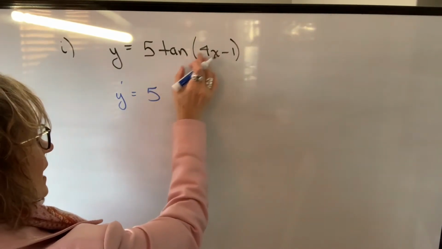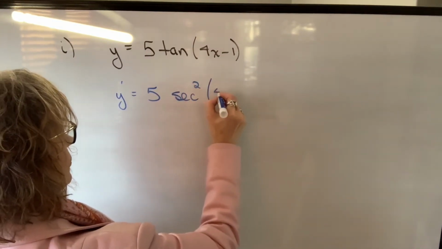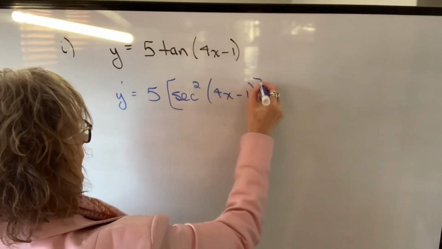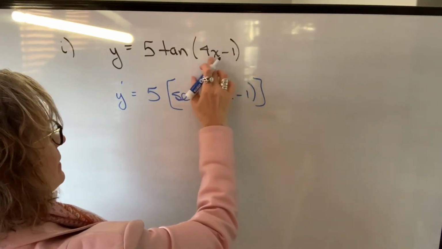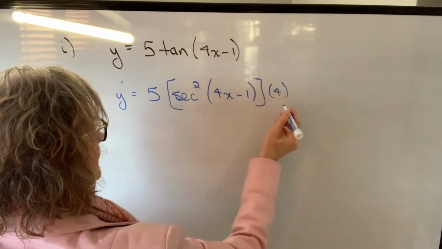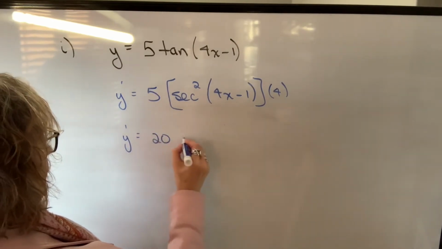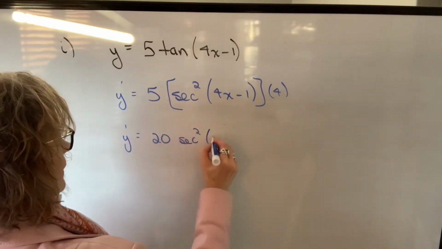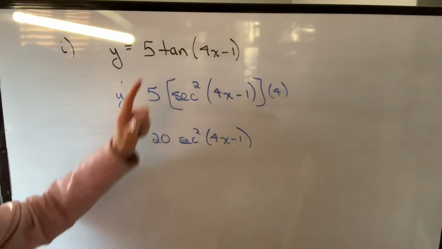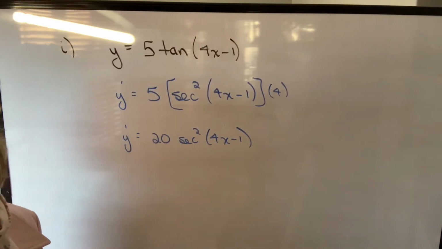The derivative of tangent of u is secant squared of u, and then we multiply by du dx, so the derivative of 4x minus 1 is 4. Let's bring that 4 and multiply it with the 5 and put it out front here, so that we get the derivative of this function will be 20 times the secant squared of 4x minus 1.